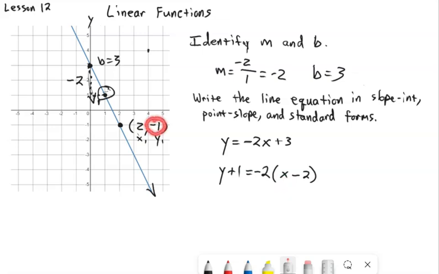Plug this number in for y, -1 plus 1 is equal to 0. And so the point slope form equation always has the opposite sign than the value that's being used.